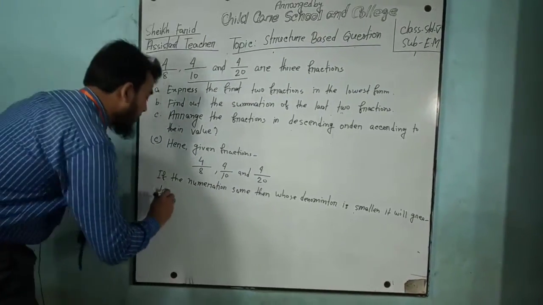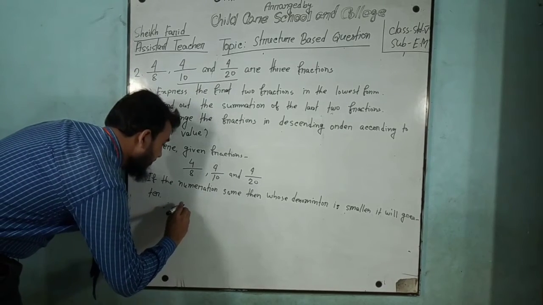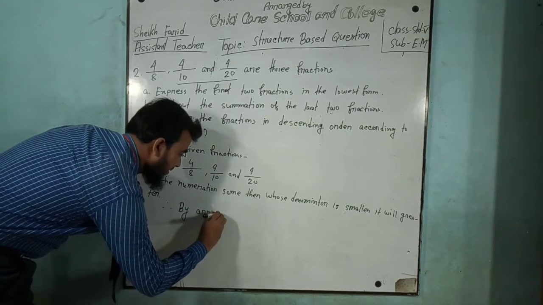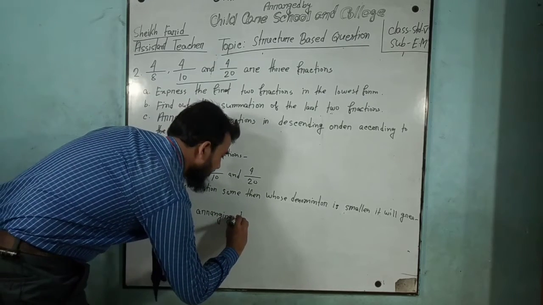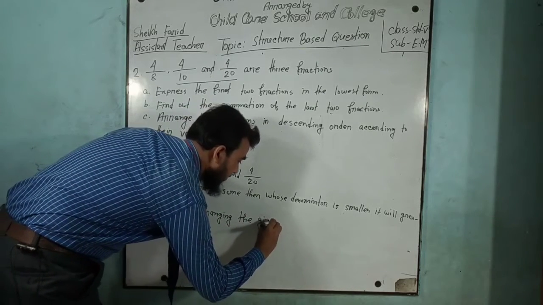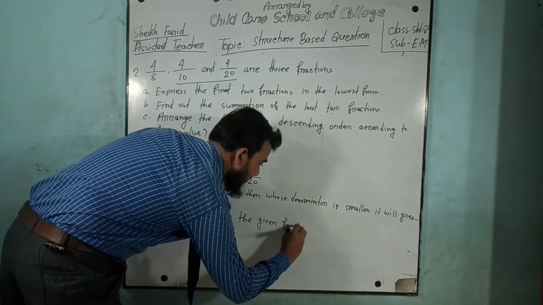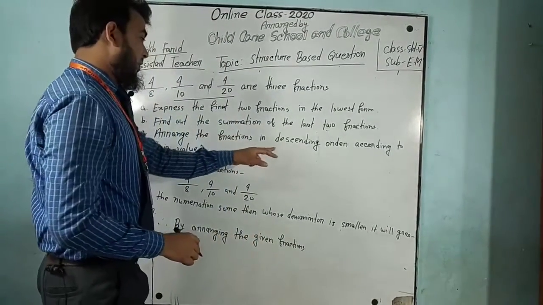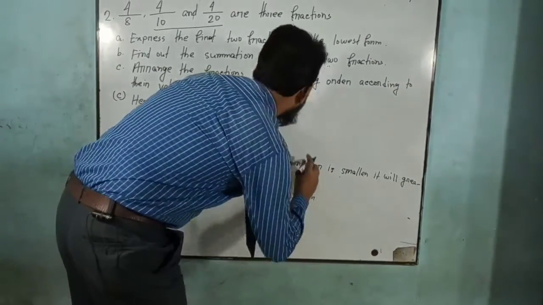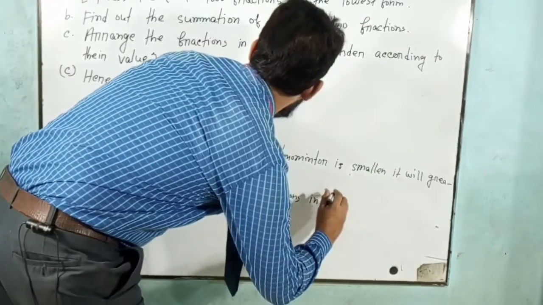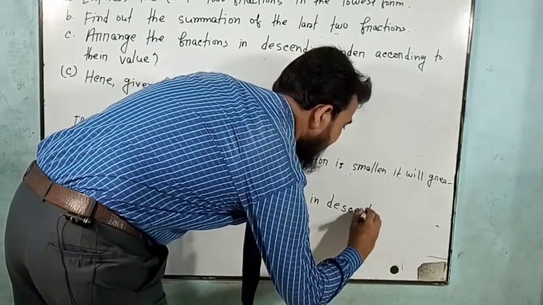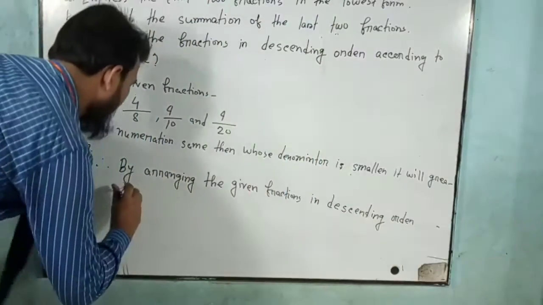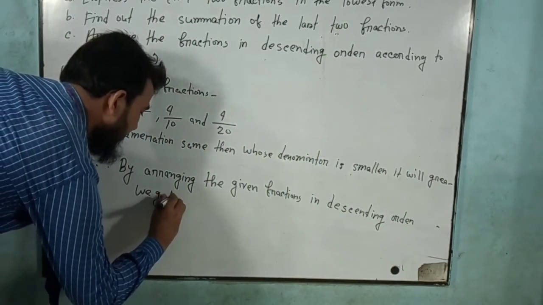Therefore, by arranging the given fractions in descending order, we get, so which one is greater?